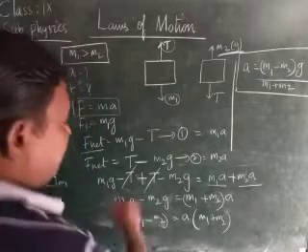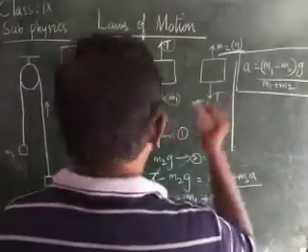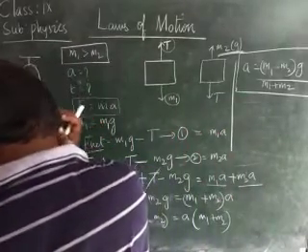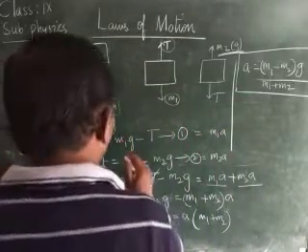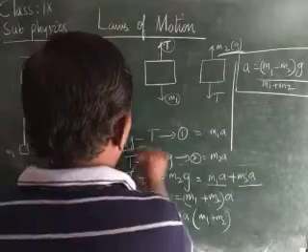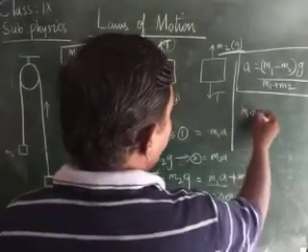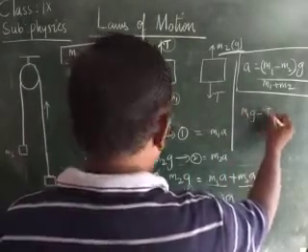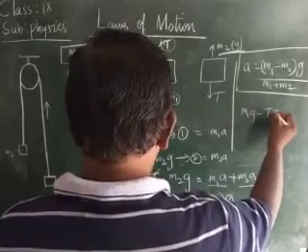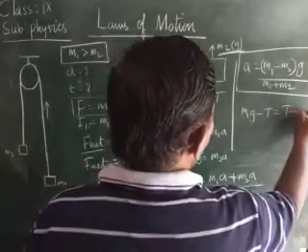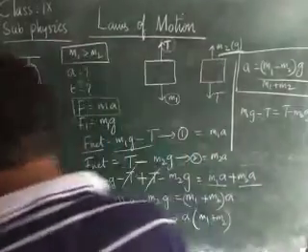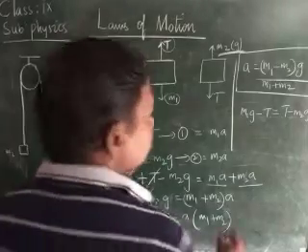Normally if we subtract them, what do we get? Okay, we want to find the tension of the wire, therefore here m1g minus T is equal to T minus m2g. Equate them.